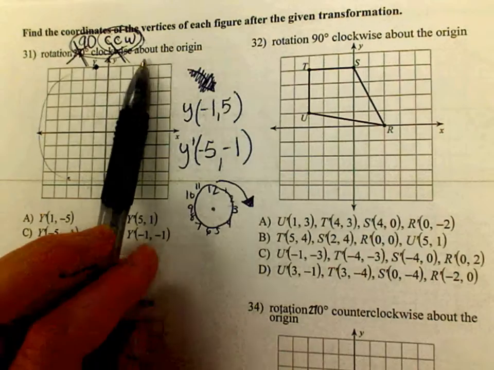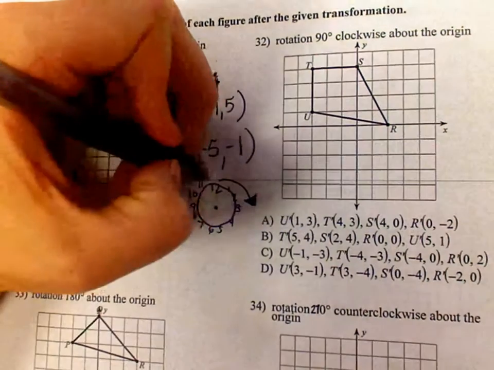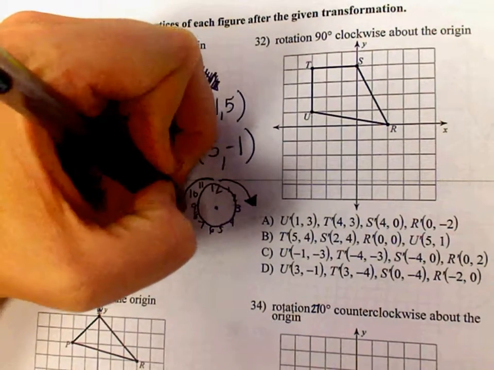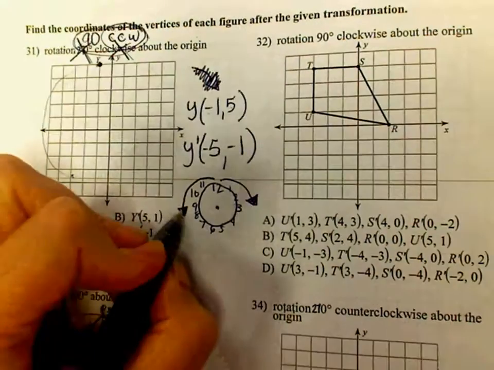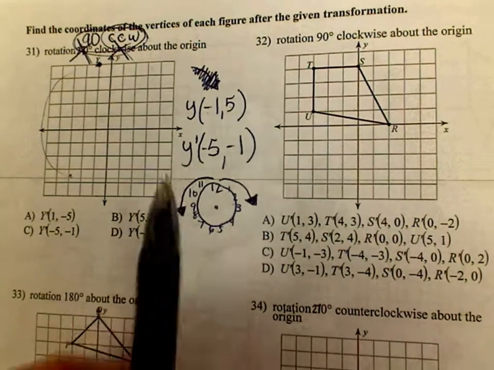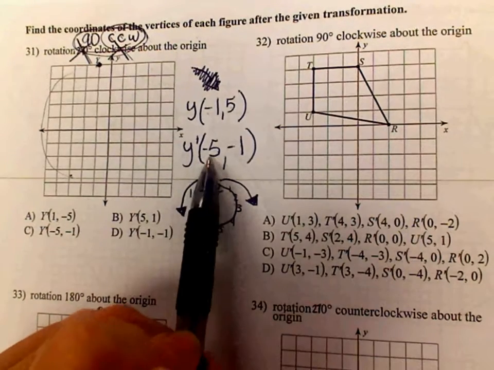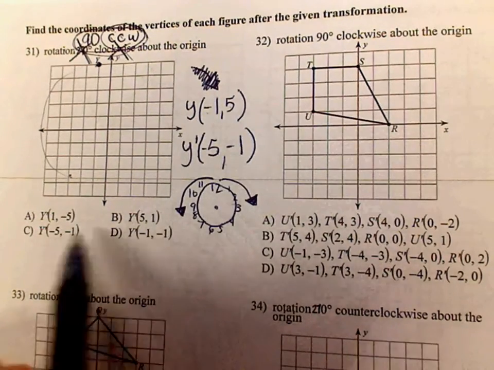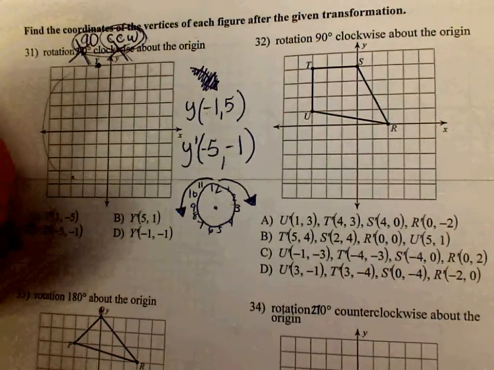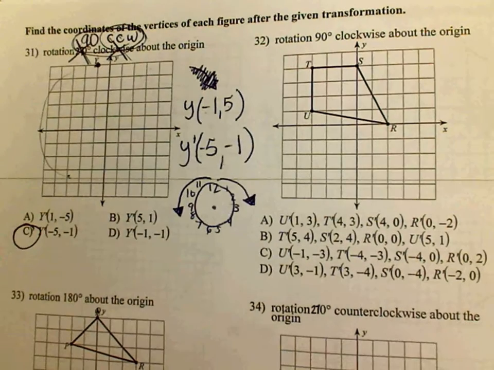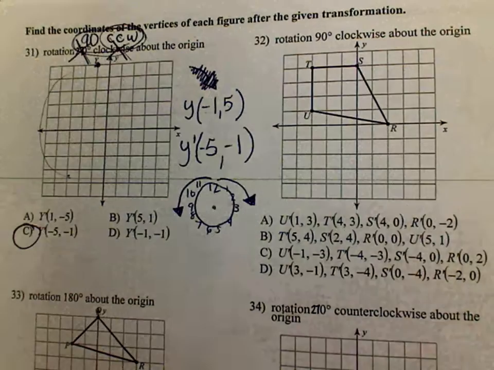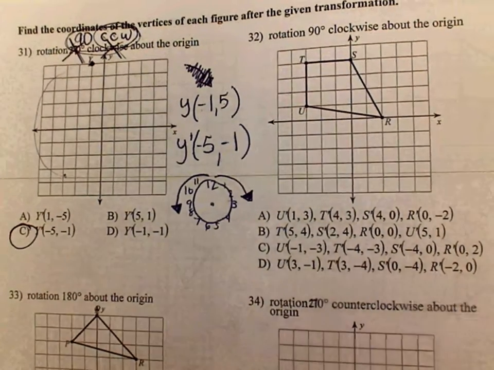But this one is counterclockwise. So when it's counterclockwise, I think, okay, counterclockwise is left. So that means I have to change the sign of the one on the left. And that is -5 from +5. So that is choice C, -5, -1.